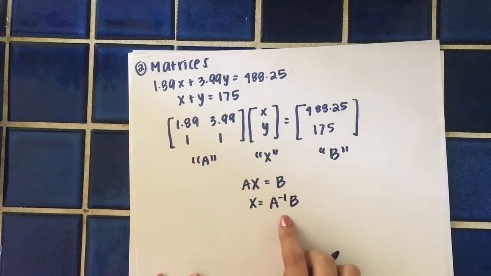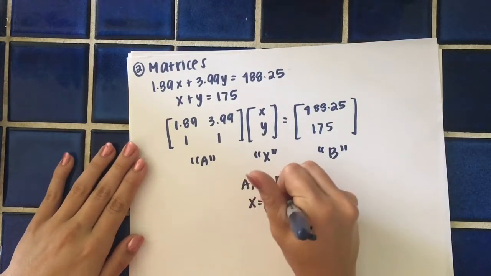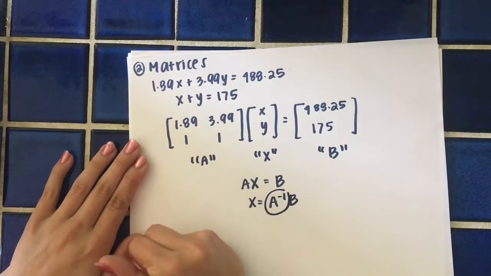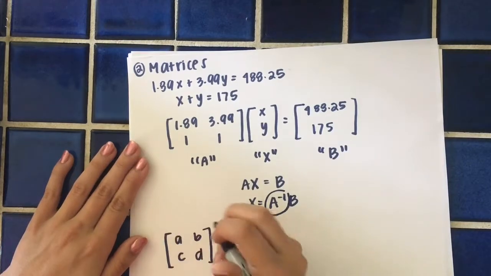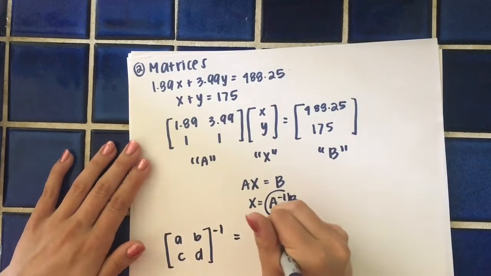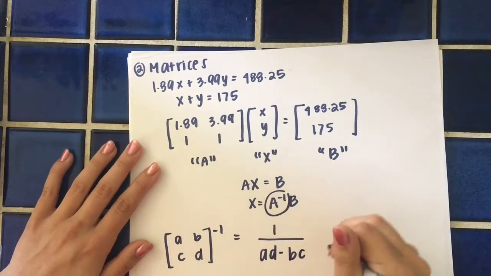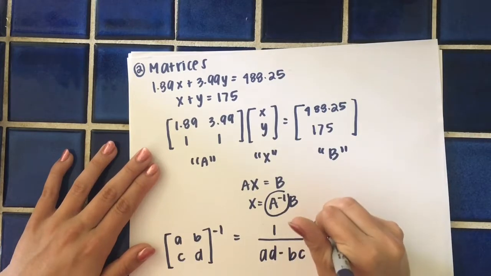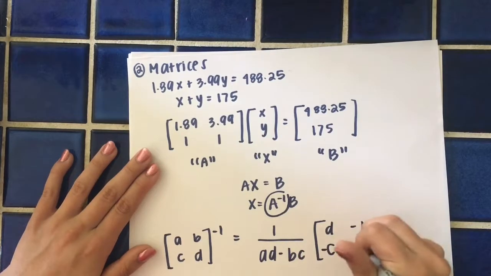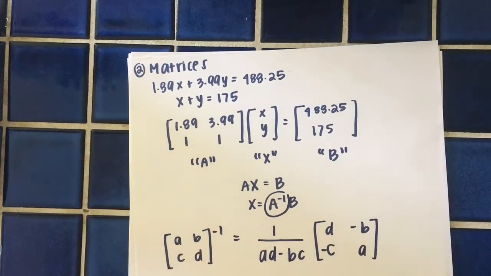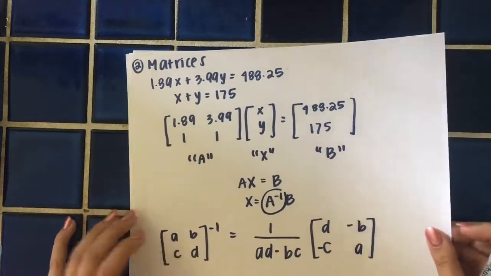And we know the formula for the inverse of a matrix is this. If we have the matrix A, B, C, D, and we're trying to find the inverse of that, it's going to equal 1 over AD minus BC times D, negative B, negative C, and A. Now let's try to find the inverse of A using this formula.